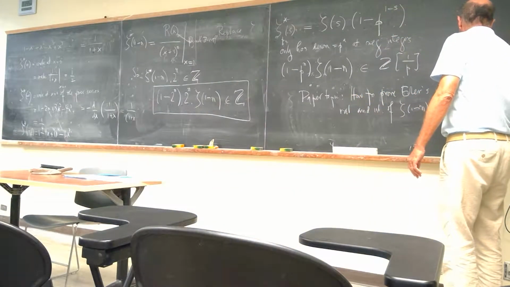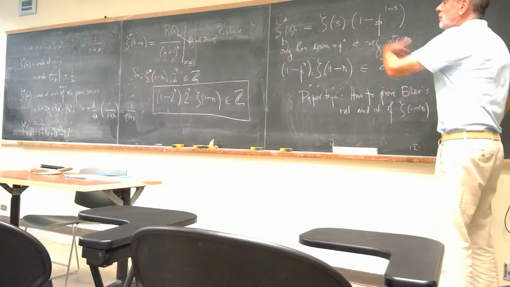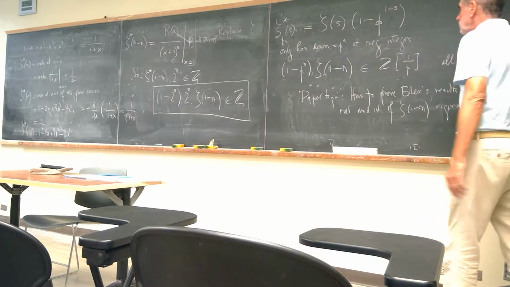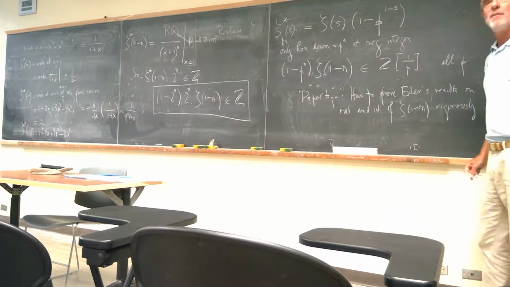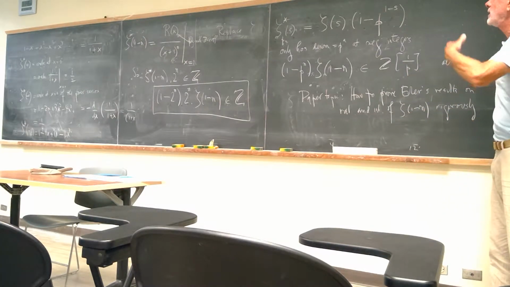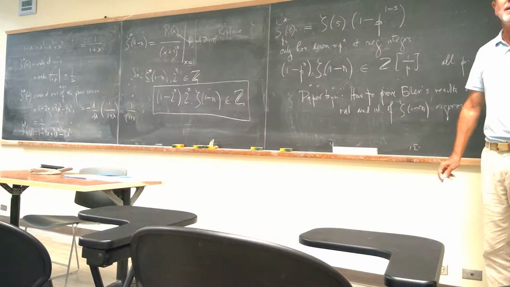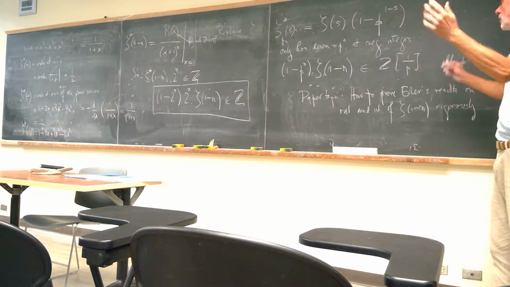Namely, you have to first extend the zeta function as a function in the complex plane, and then you have to discuss how you really calculate these values and what they turn out to be and what their denominators are and that kind of thing. And that would be a really beautiful paper, and that's all over the literature.